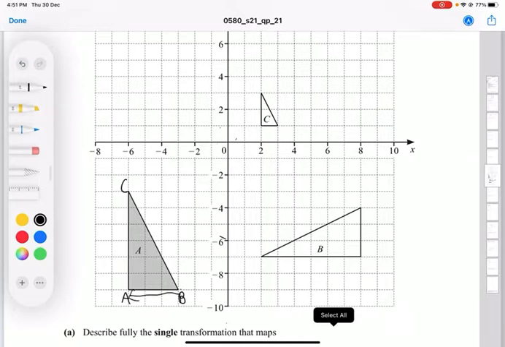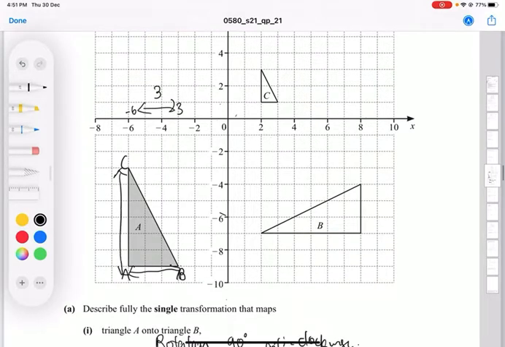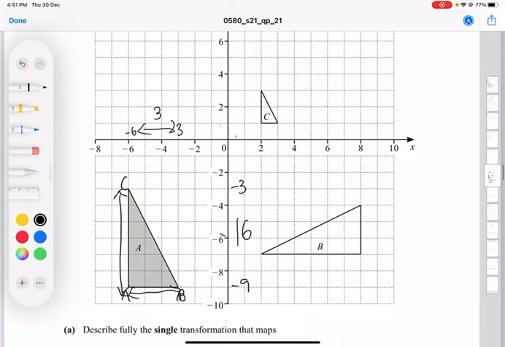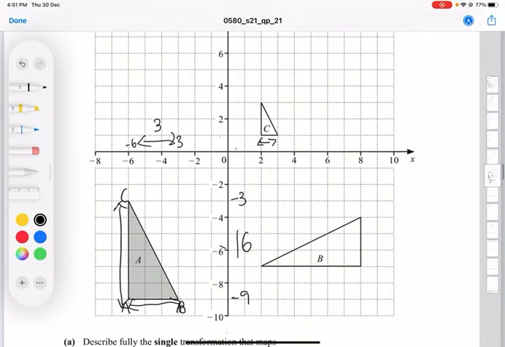The length AB is from -6 to -3, so that size is 3. Now if we look at the distance between C and A, that's from -3 to -9, so that's a magnitude of 6. Now this one has size of 1 and this one has size of 3.